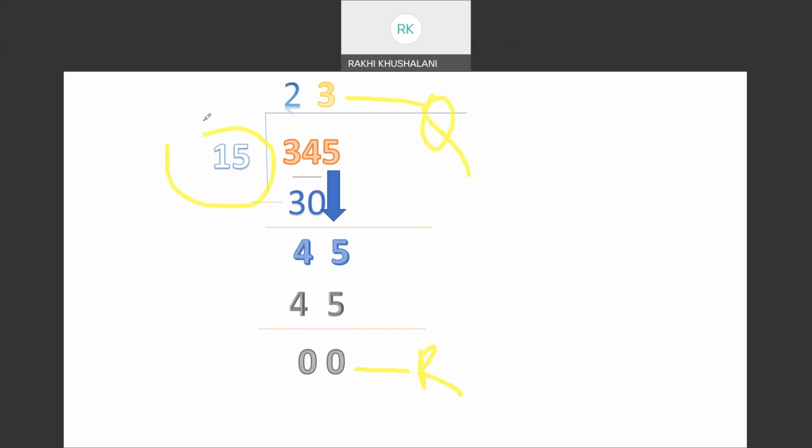And of course, this was your divisor and your dividend was 345, right? Now, this sort of division is quite simple when it's up to the numbers you know the table of. Even if it's a two-digit divisor, the division is quite simple.